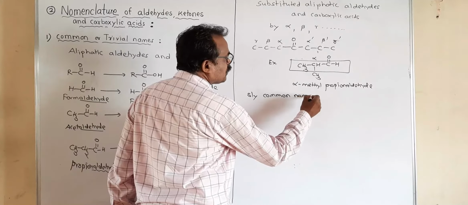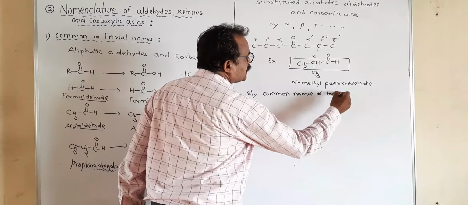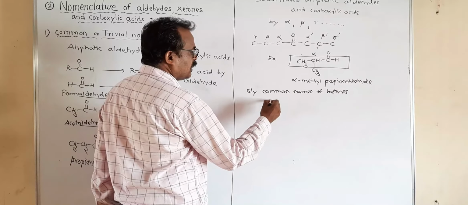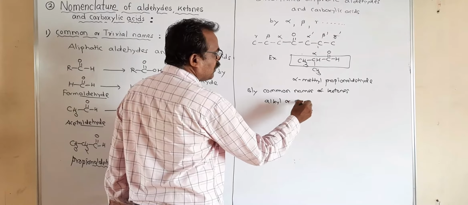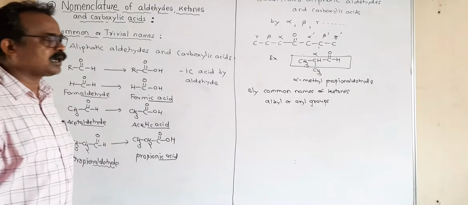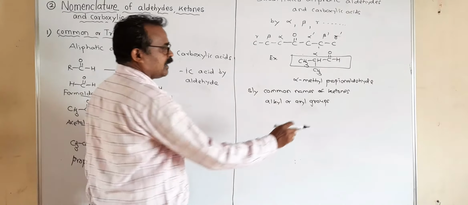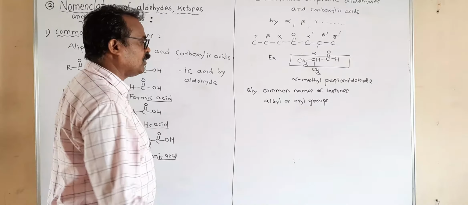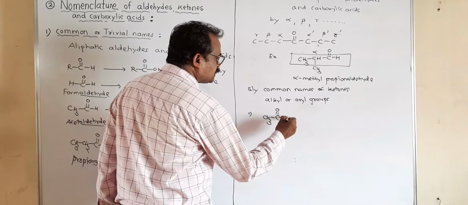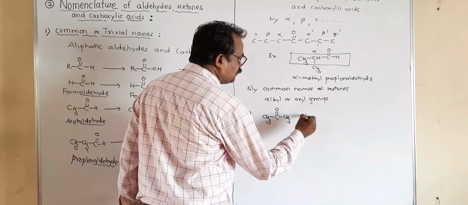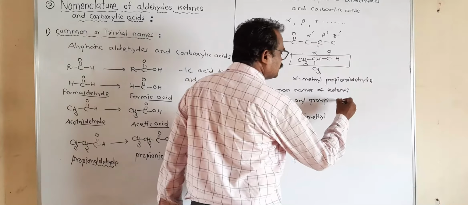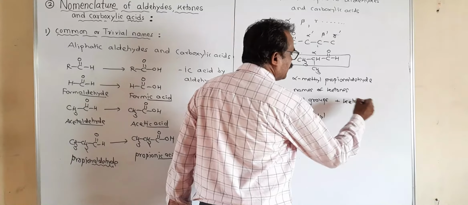in case of ketones, the common names of ketones are derived from the names of alkyl or aryl groups attached to the carbonyl carbon, and they are written in alphabetical order. For example, CH3 C double bond O CH3 has two methyl groups, therefore dimethyl followed by the word ketone.